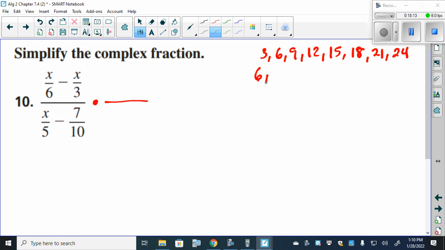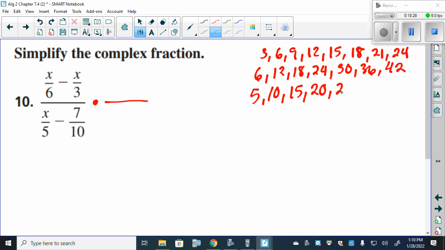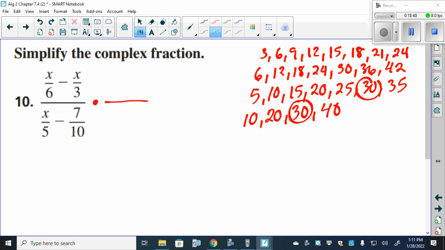Then 6, 12, 18, 24, 30, 36, 42. 5, 10, 15, 20, 25, 30, 35. 10, 20, 30, 40. Well, 30 is the first number that has appeared, at least in those three, yes?